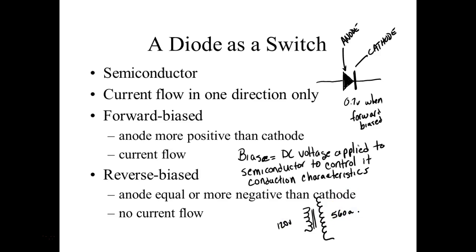Since this thing generates a change in magnetic field, and I put two coils real close together, I got everything I need. One coil generates a magnetic field, it's cutting the other coil, and I can change the loops on this side and that side. So I can step AC up and I can step AC down. Real easy.